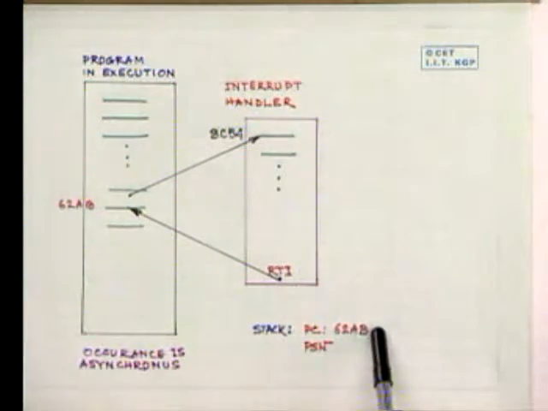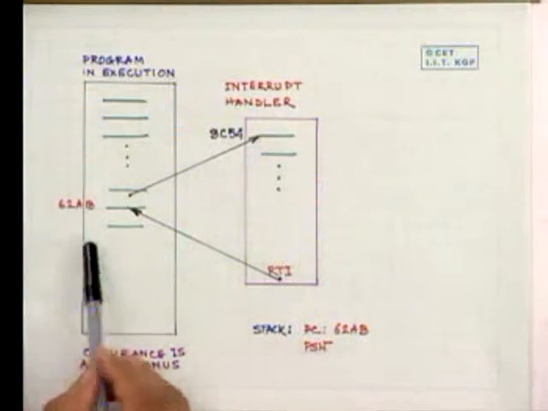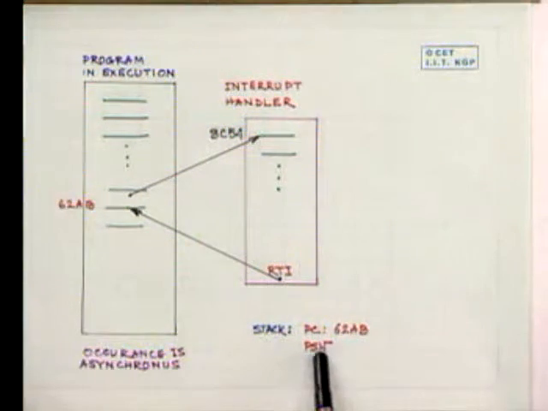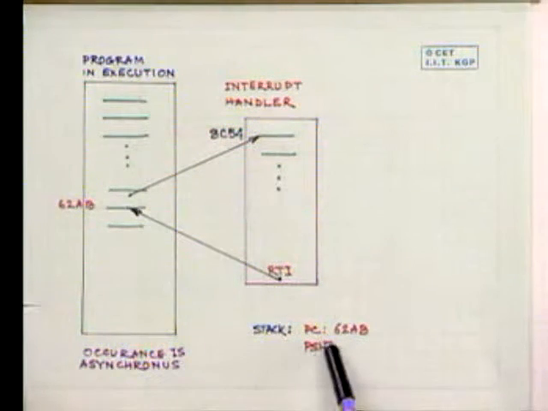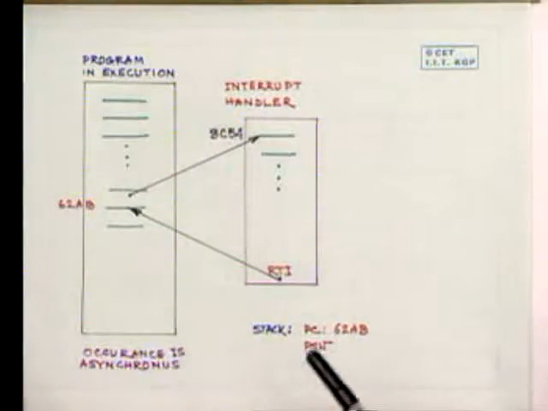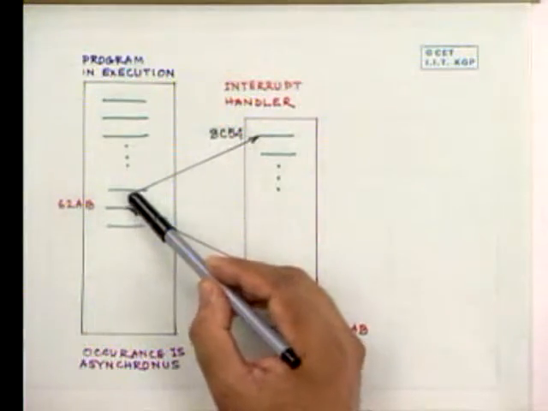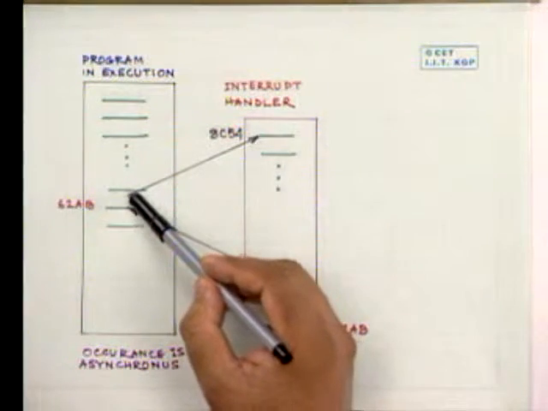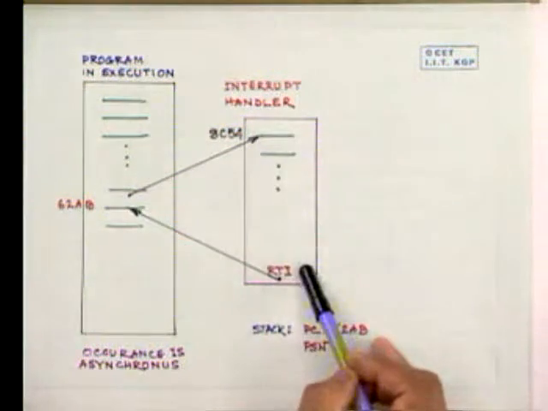Then after the execution of this instruction, the present program counter is stacked. So 62AB will be stacked, and another register, generally called the processor status word, is also stacked by means of the hardware stack pointer, just like we discussed in the case of a subroutine jump, where the program counter is stacked in the system stack. Here the program counter and the processor status word are stacked one after the other, and the control of the execution of the program is now transferred to the interrupt handler.